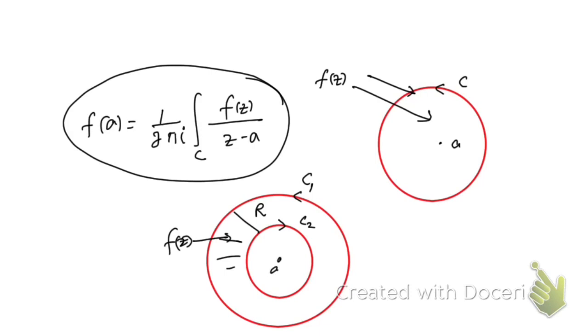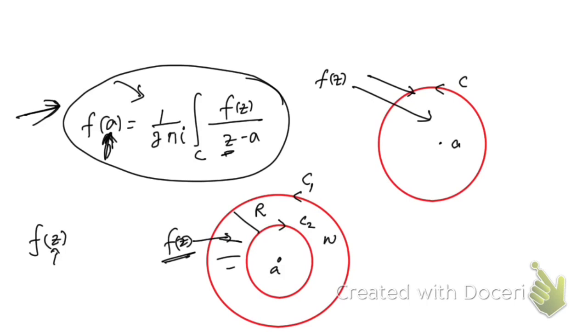And here is the center A. Now you see, in order to apply this Cauchy integral formula, here we had f of A. Now we are to expand f of z. So in this formula we are going to replace this A by z, and this z should be replaced by another variable.